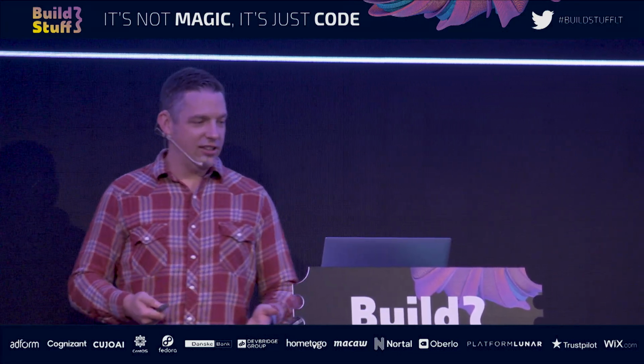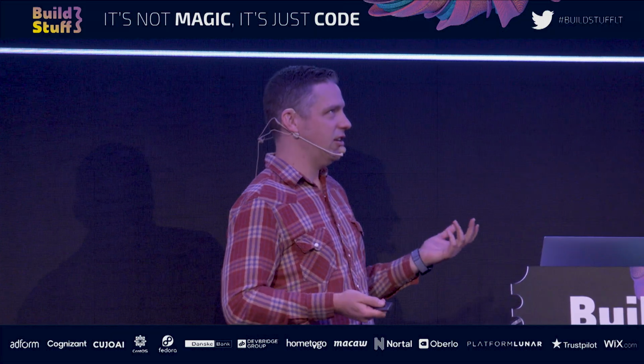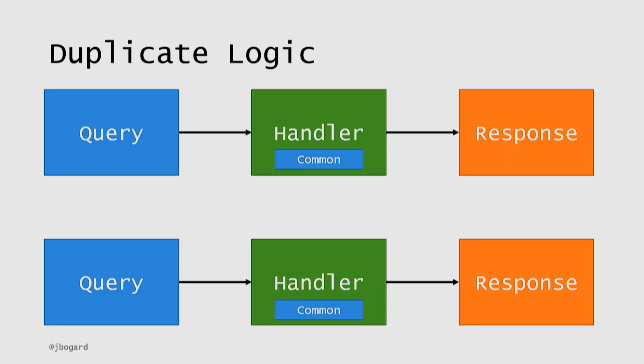Now, there are cases where we do have some duplication between handlers, and this is where it starts to rely on us as developers to recognize these scenarios and then make a decision about the best way to handle whatever duplication I'm seeing behind the scenes. So if I have two different handlers that have some kind of common logic, I start to make a decision of, well, what is that duplicate logic?